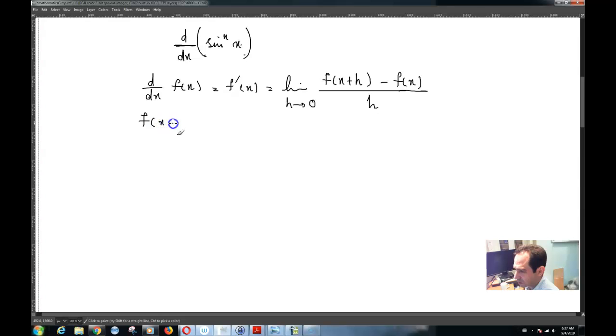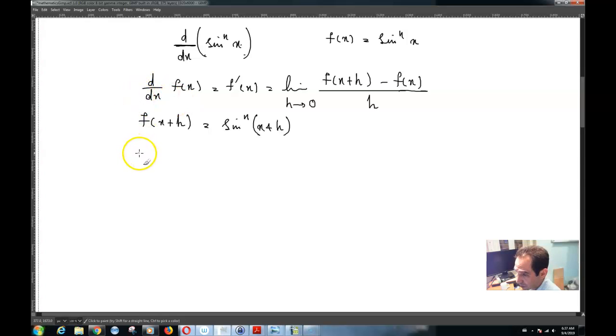Now f of x plus h is equal to, well, if f of x is equal to basically sine raised to the power n of x, then f of x plus h is going to be sine raised to the power n of x plus h, which must be a little bit tricky, but let's see what we can do.